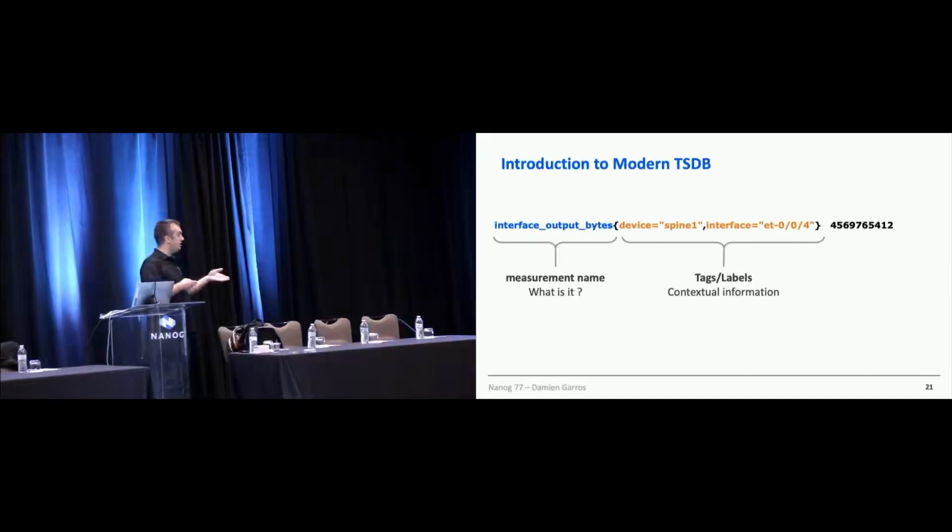If I'm talking about interface counters, the minimum I need to capture is the name of the device and the name of the interface. But you can have many, many more pieces of contextual information that will let you query those devices, and that's, again, what we'll be exploring in the other part of the talk. And then usually you have a value. So really, all the data that we collect has these specific formats. I'll skip to the labs, and we'll explore live how to query that and what it looks like.